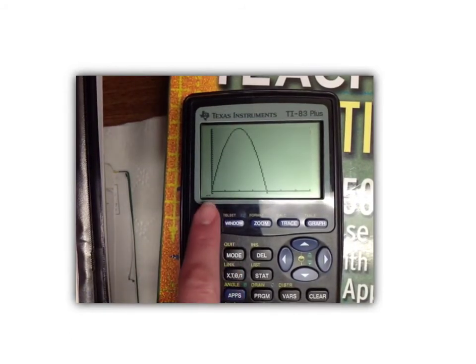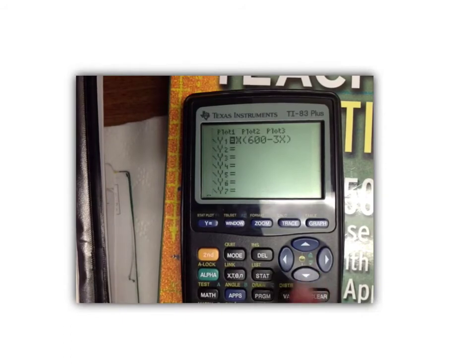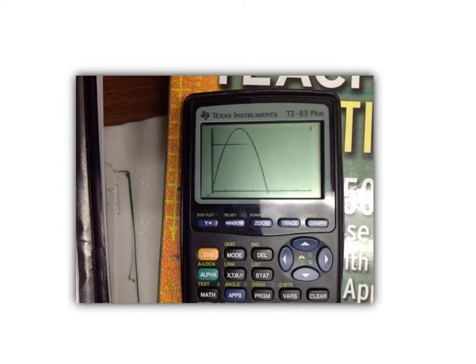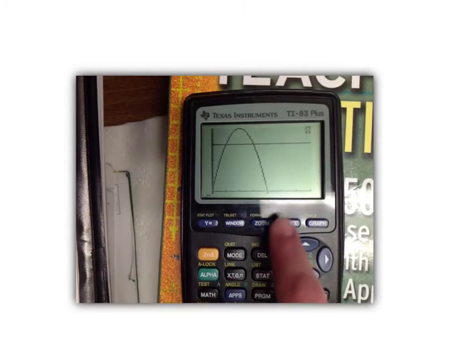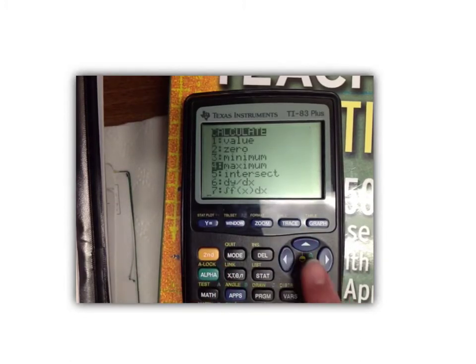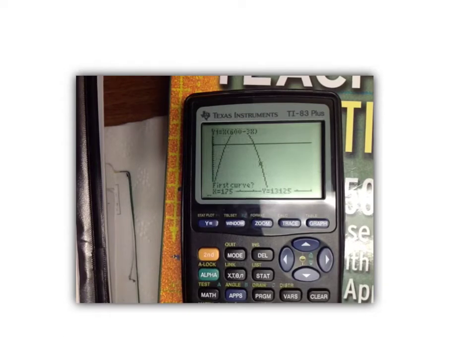It sure does. So now I need to look at this 22,500. So I'm going to second trace, intersect. I want this line and this line.